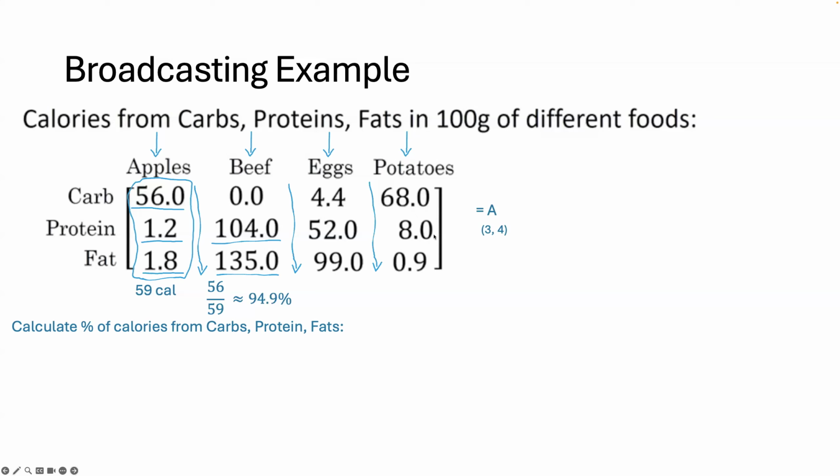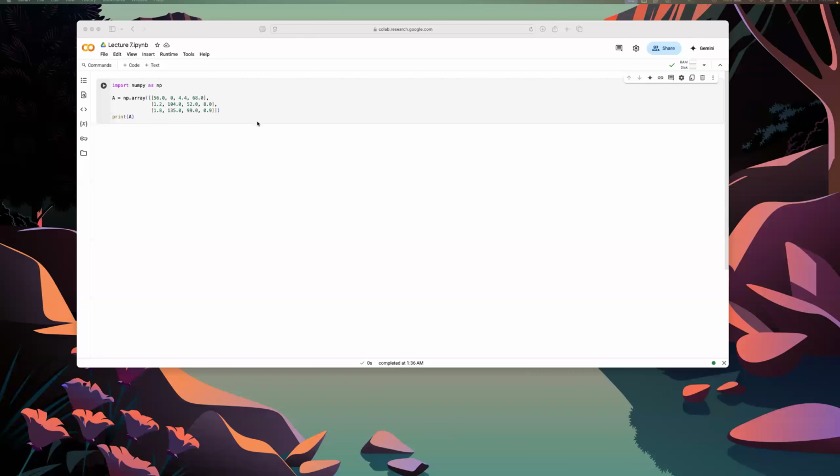After summing the calories for each type of food, all we need to do is divide by the corresponding sum to get the percentage of that item. Then I'm going to do a second line of code where it will divide all of these four columns by their corresponding sum. If you didn't understand me very clearly, hopefully it will be clear in a second when we look into the Python code. So let's go to the Python code.